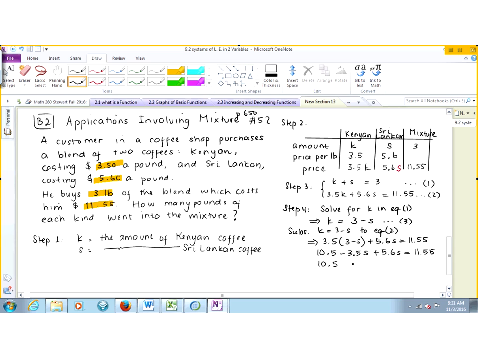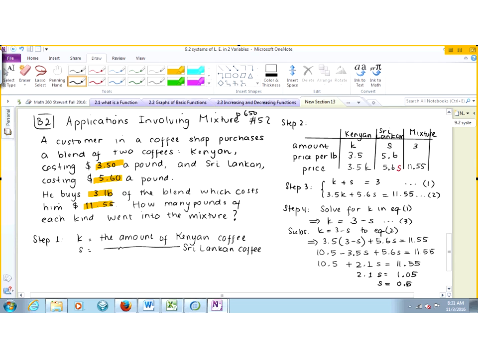What's this? 10.5 plus 2.1S, yes, thank you, is equal to 11.55. So 2.1S is equal to 1.05.